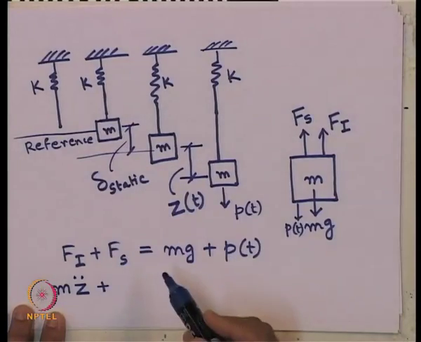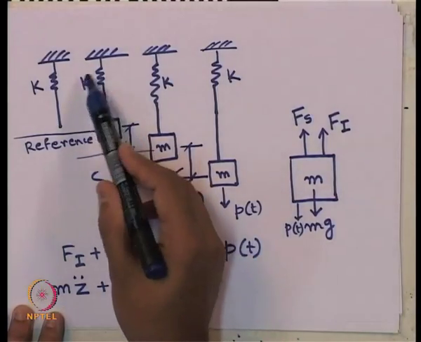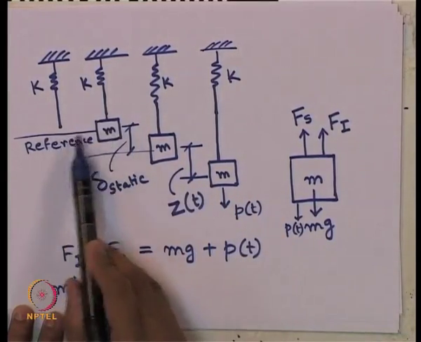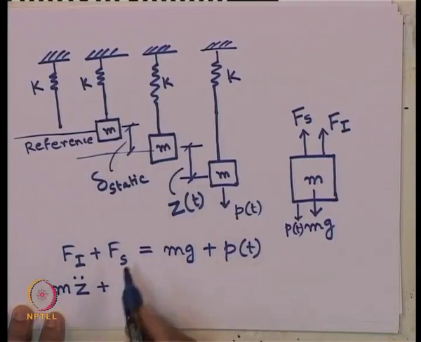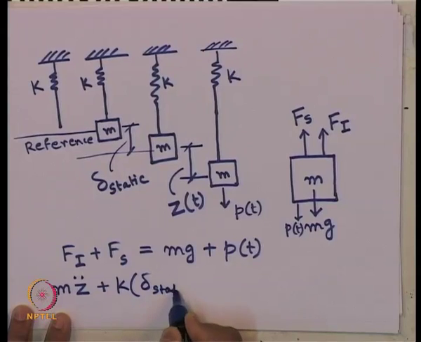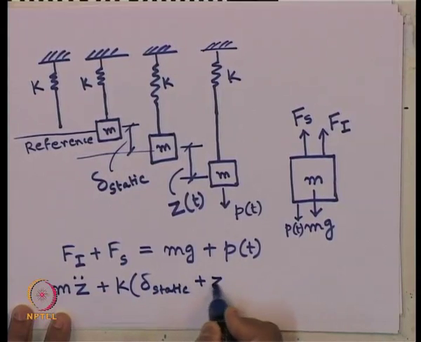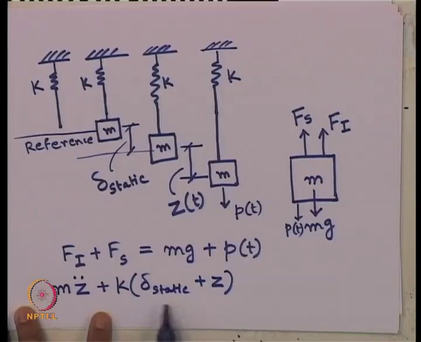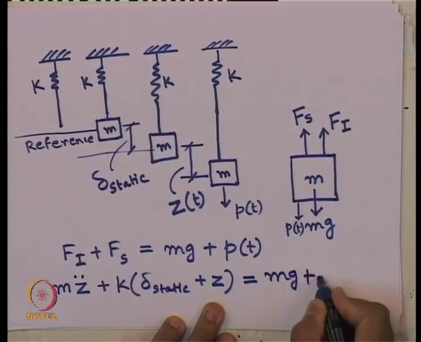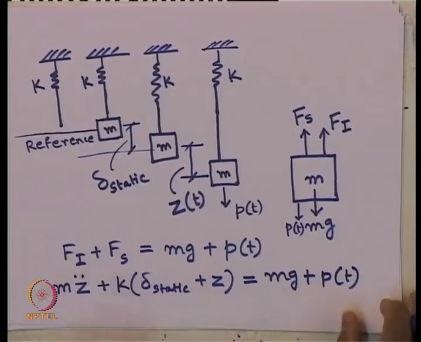Spring force is how much? Spring force is the spring constant, considering a linear spring, times the total displacement from its basic reference point, which is nothing but delta static plus this z of t. So, k times delta static plus z of t, equals mg plus P of t.